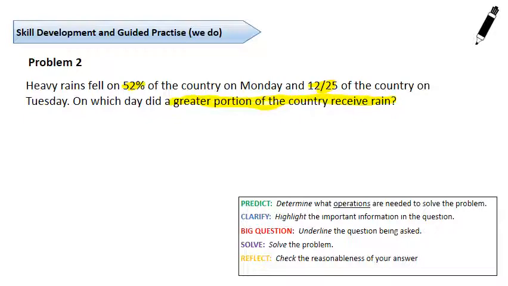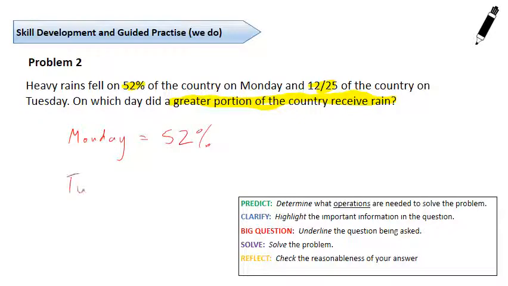So it's like the last question, we have to work out which one is larger. So we've got two things happening like before. We've got heavy rain on Monday and heavy rain on Tuesday. So on Monday, we had 52%.